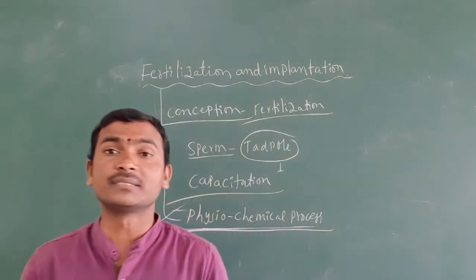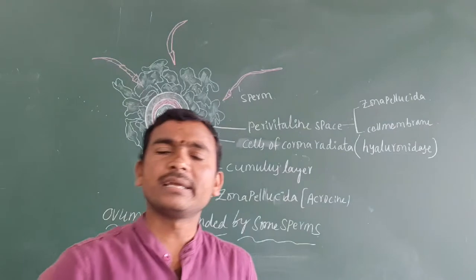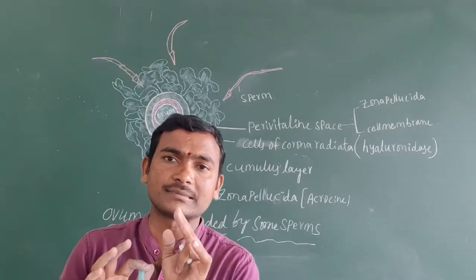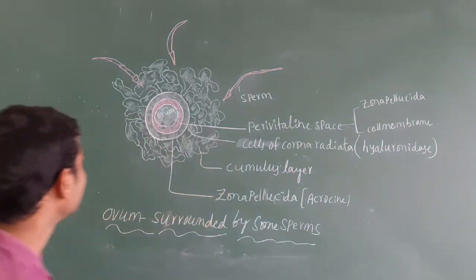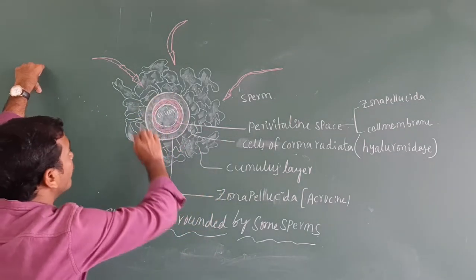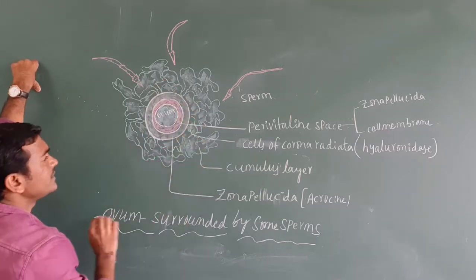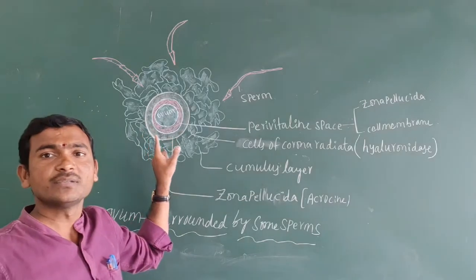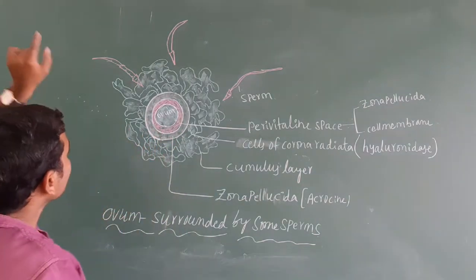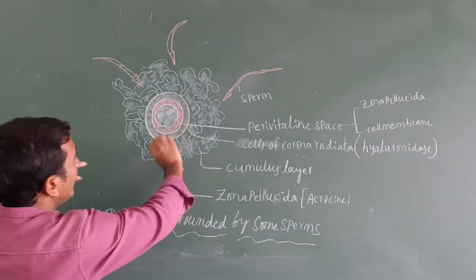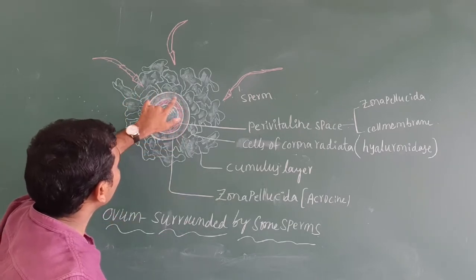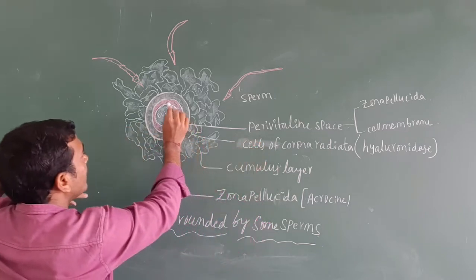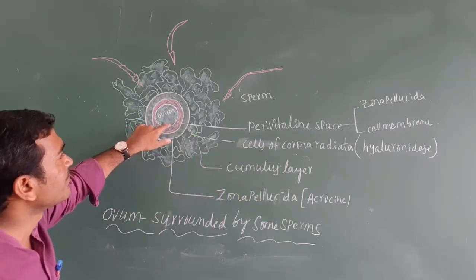We will discuss fertilization in detail, with a clear explanation, starting with a little about the structure of the ovum. See here in the diagram, this is the ovum, surrounded by the sperm. The ovum is covered by one membrane, the plasma membrane or cell membrane.